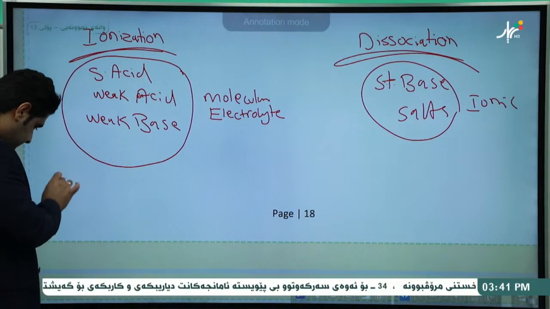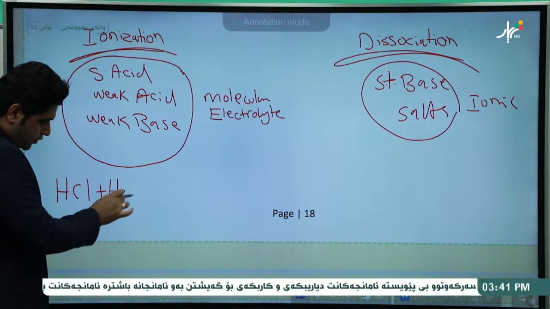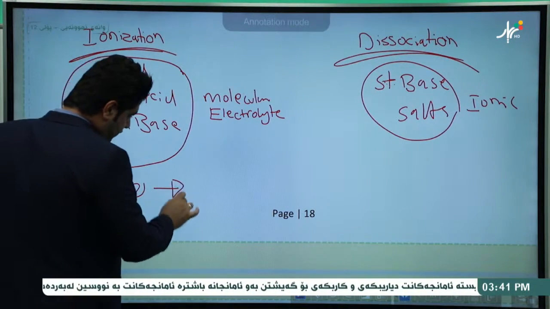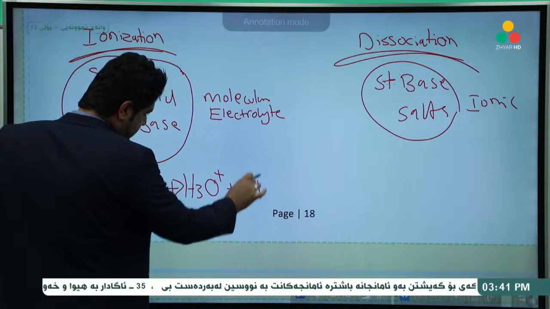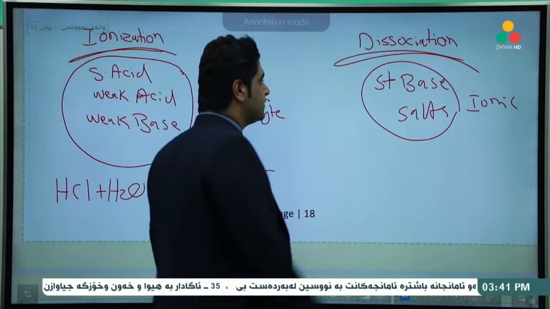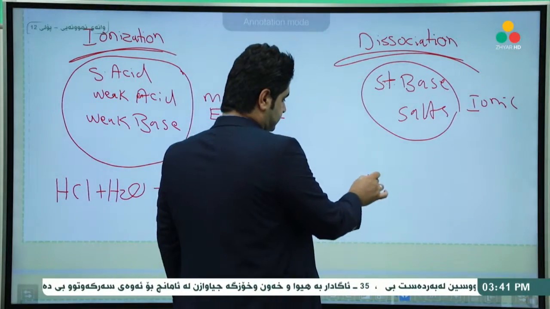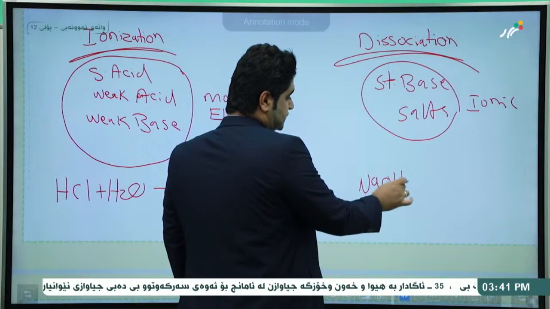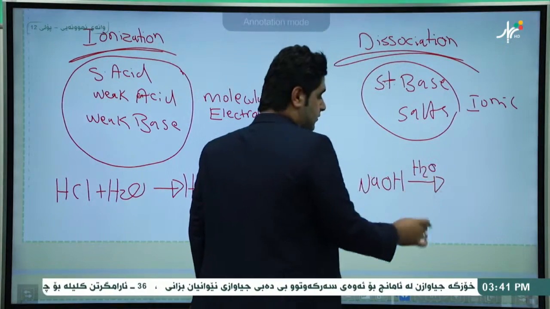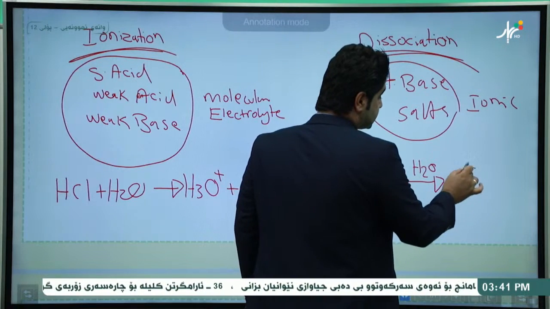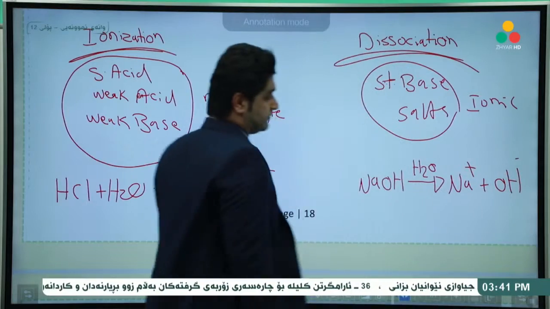For example, we have HCl. HCl plus H2O forms H3O plus and Cl negative. But here, for example, we have NaOH as a strong base. So the water should be written above the arrow to form Na plus and the hydroxide anion.